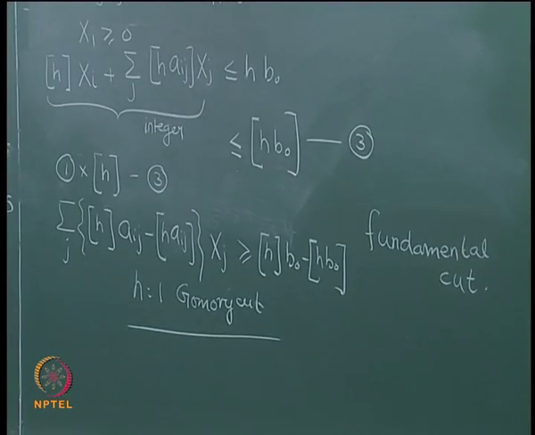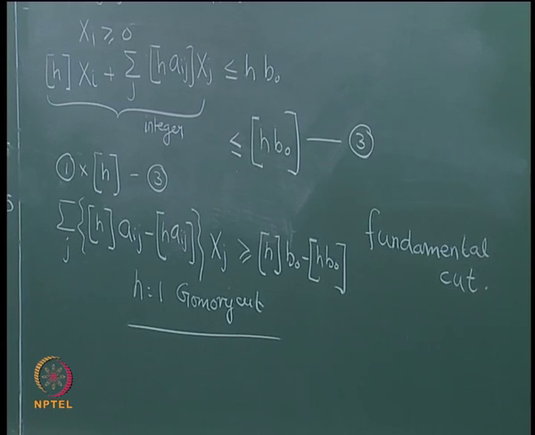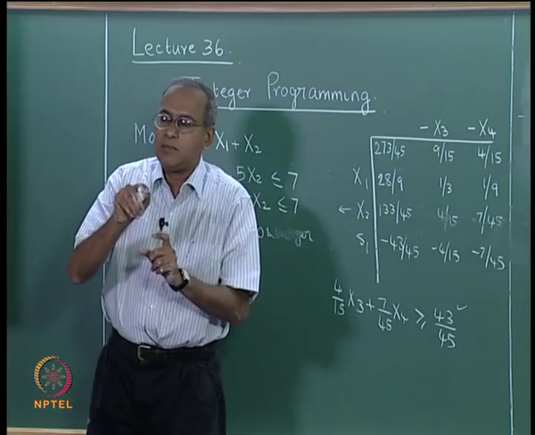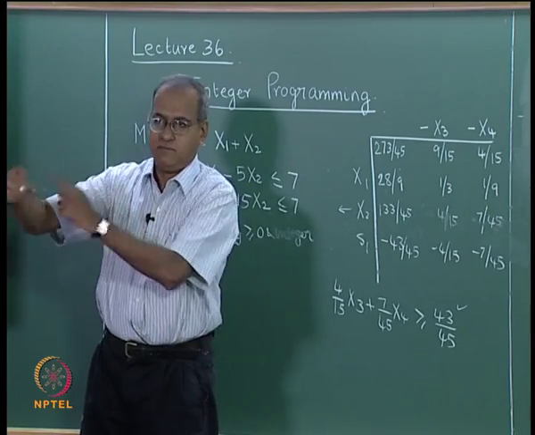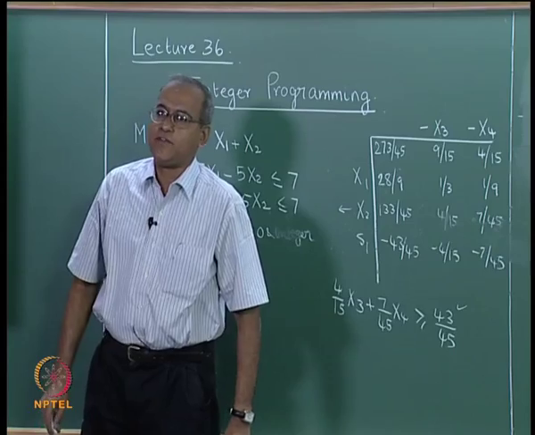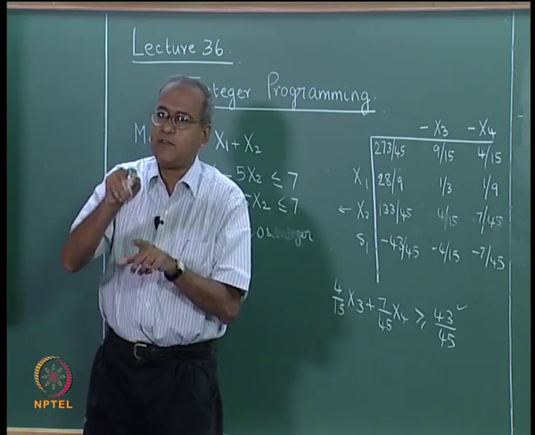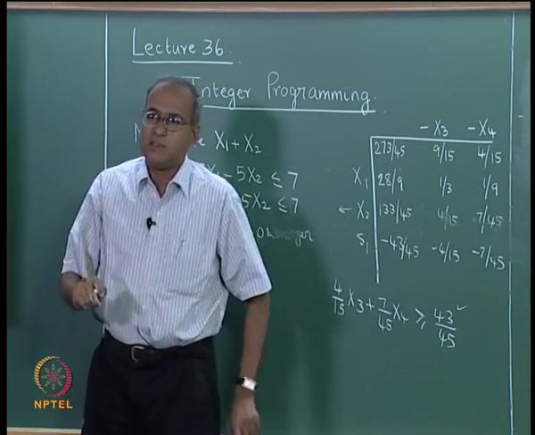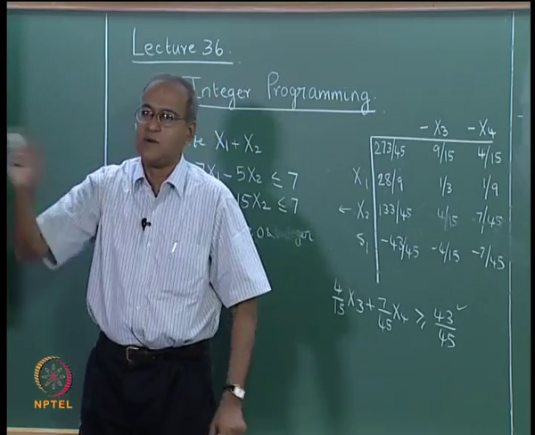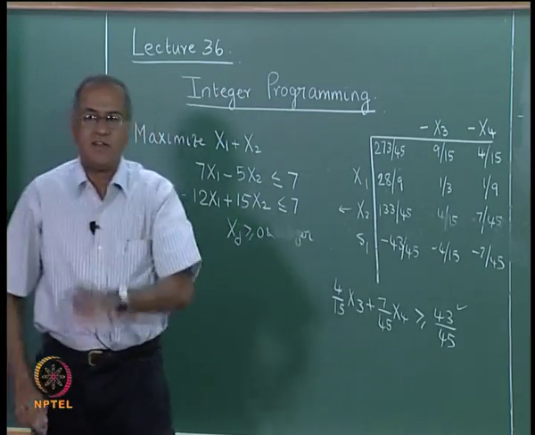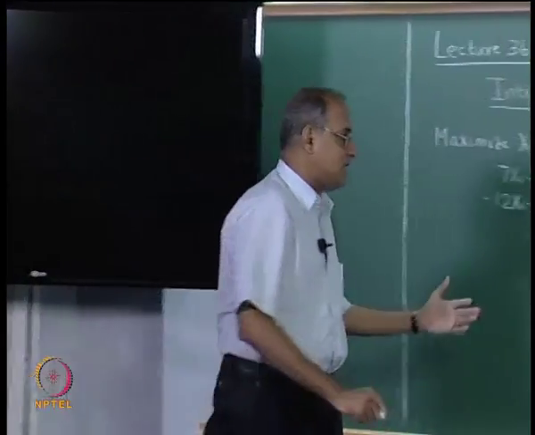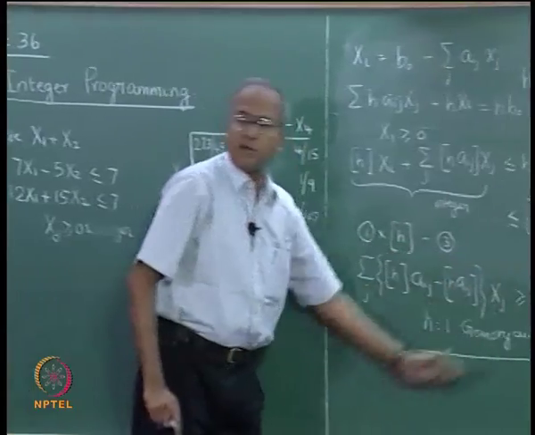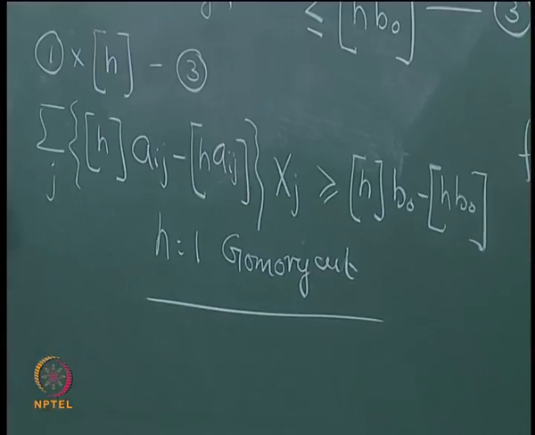If this were minus 4 by 15, then this will become minus 4 by 15 minus lower integer value of minus 4 by 15. So this would have become minus 4 by 15 plus 1, 11 by 15, which would have come with a negative sign. So the left hand side of the Gomory cut comes from this, with h equal to 1 would directly give us the Gomory cut.